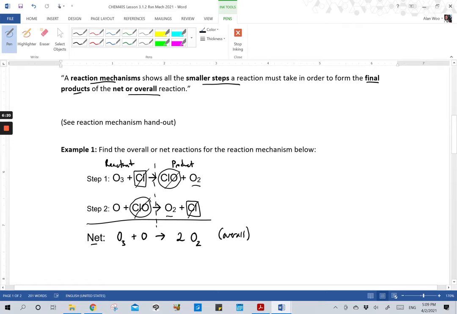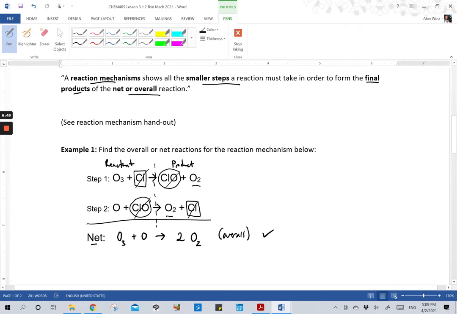In our final reaction, we can see that it only deals with oxygen. We don't even notice that there are chlorines present. But chlorine is present in the reaction mechanism because they were a part of step 1 and step 2. So this one here is correct and done. There is a reason why we see those chlorines and chlorine oxides.